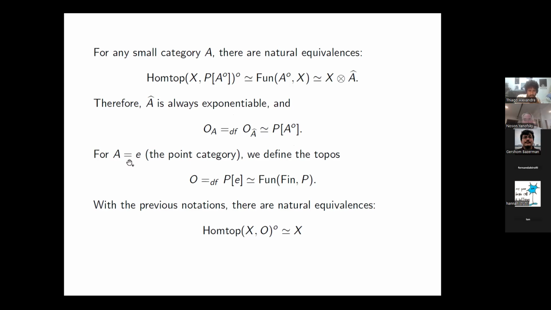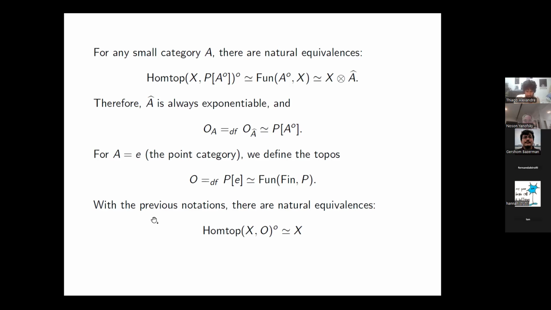For instance, if A is the point category, the category of just one object and one arrow, then we can define the topos O, which we can verify in this case is just the category of functors from the category of finite sets to the category of sets.